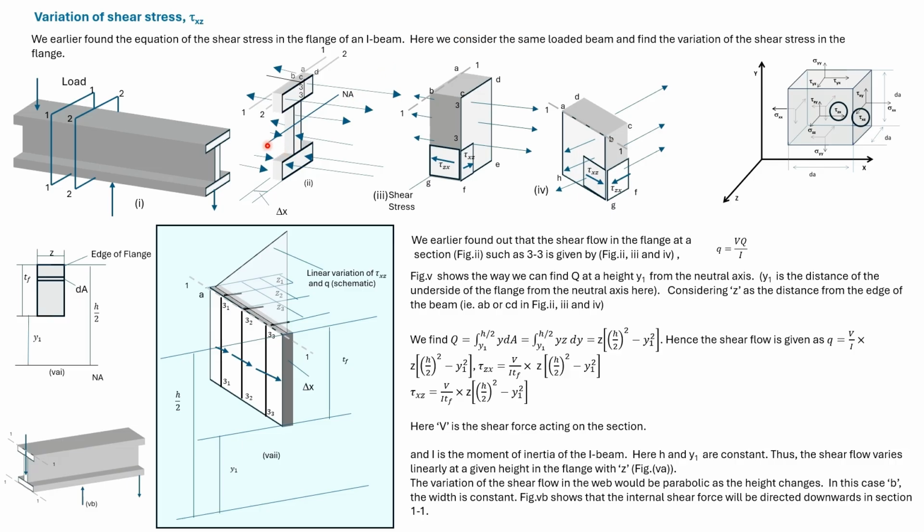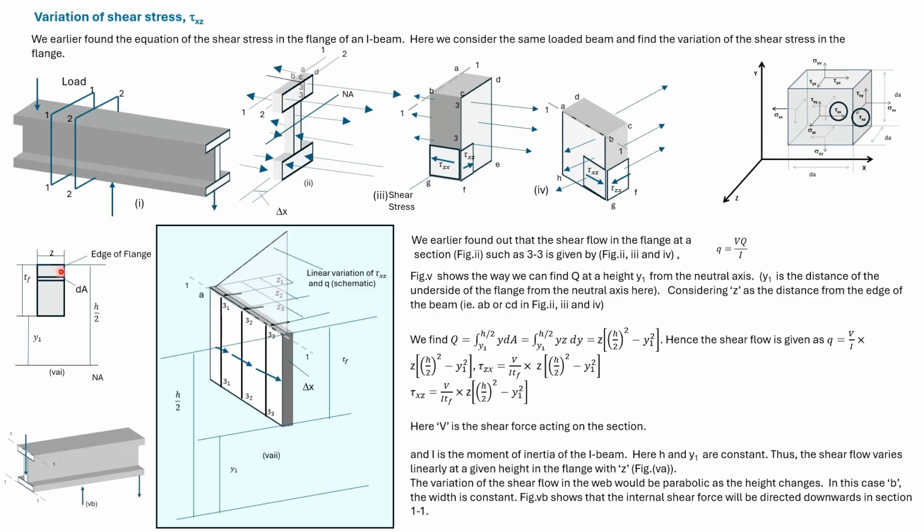Consider the underside of the flange to be at a distance y1 and the top of the flange to be at a distance h by 2 from the neutral axis. The rectangle ABGH is shown here.